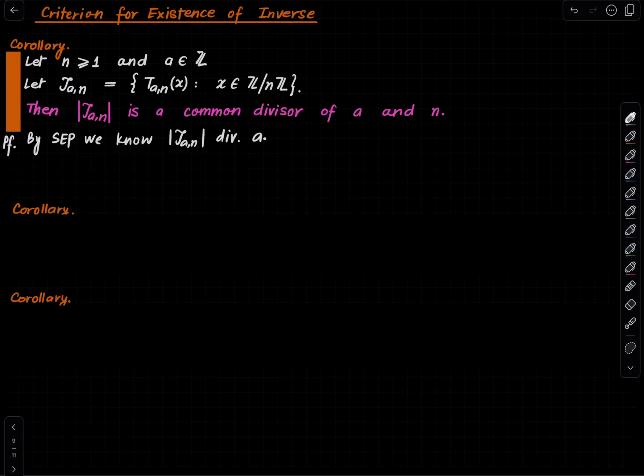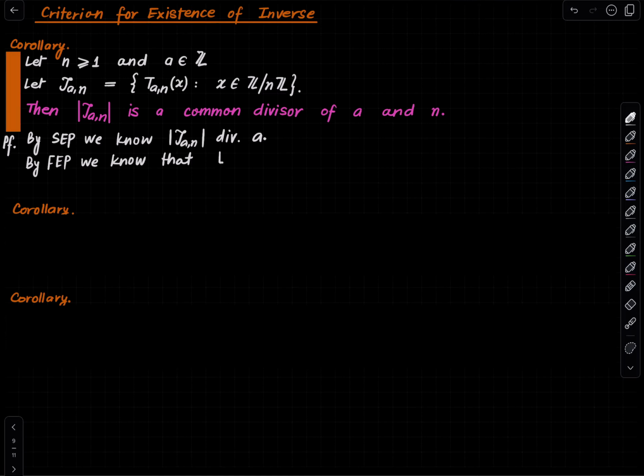Why is it that this number divides n? Well, by the first equipartition property, we know that Z mod nZ is partitioned by the elements of, or maybe I will write it this way.